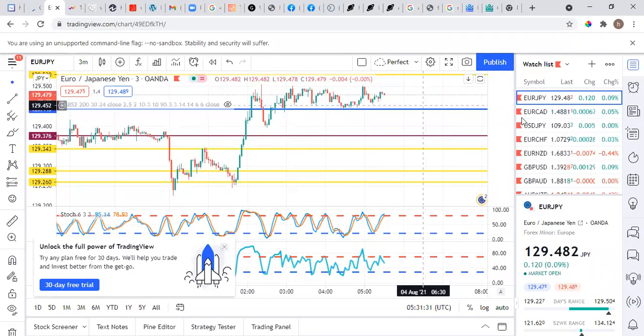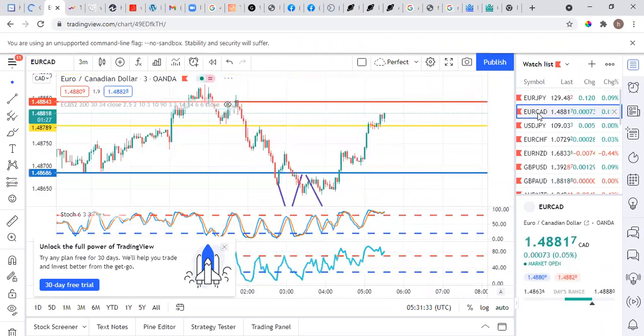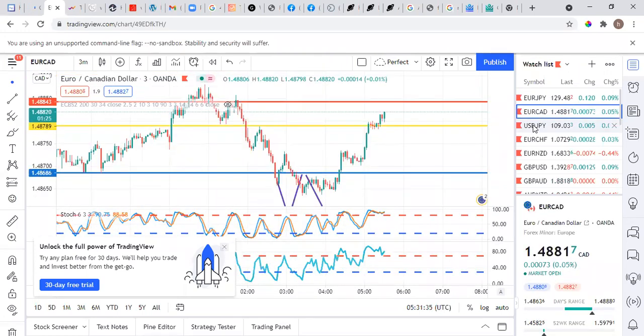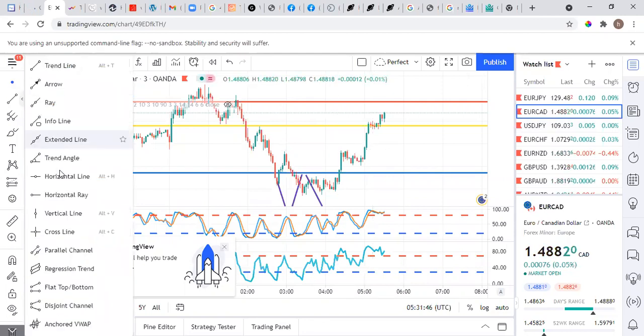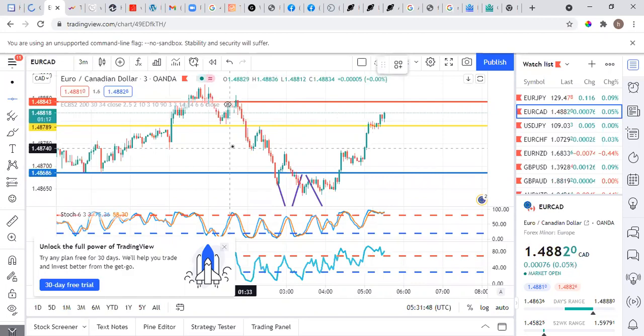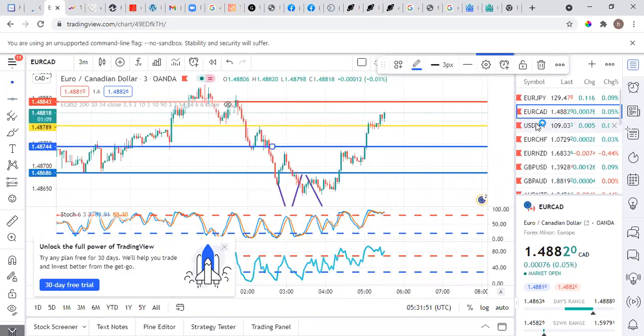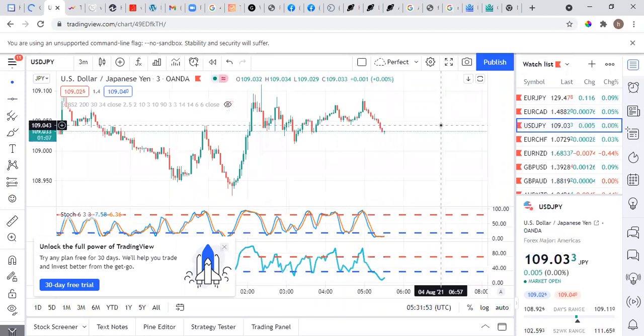Though it's coming down now, I hope it's going to get there on time for us to enter. Then for Euro CAD, I'm not getting there yet.